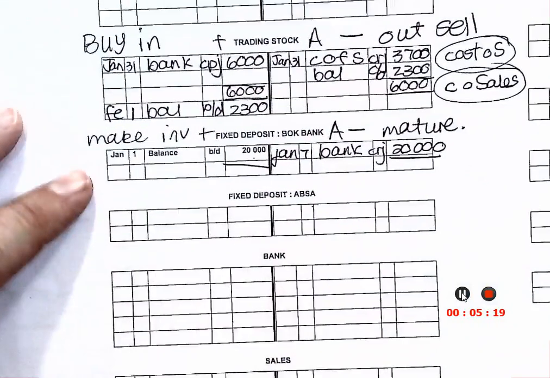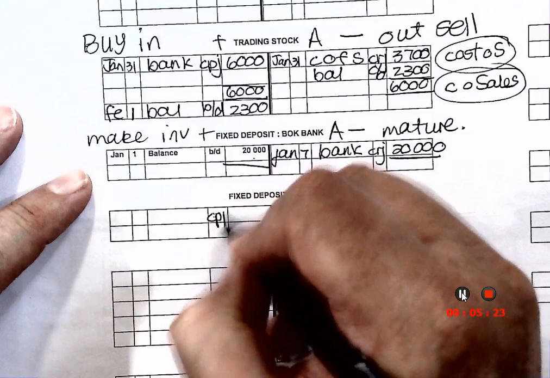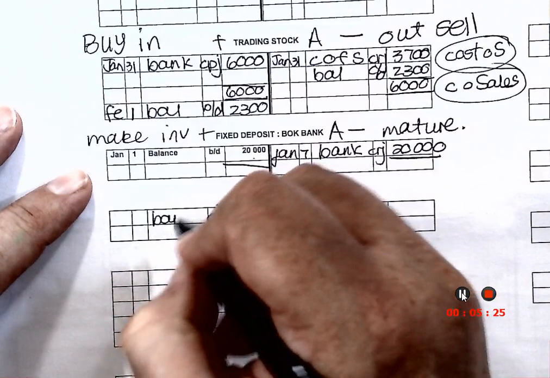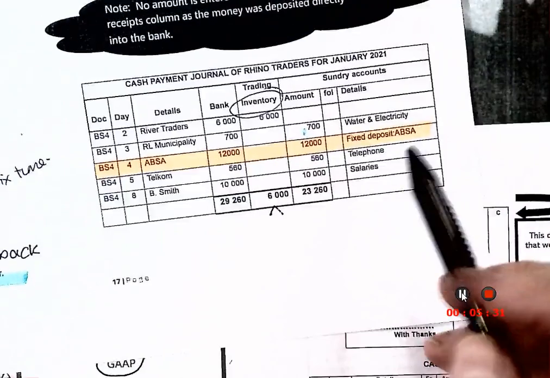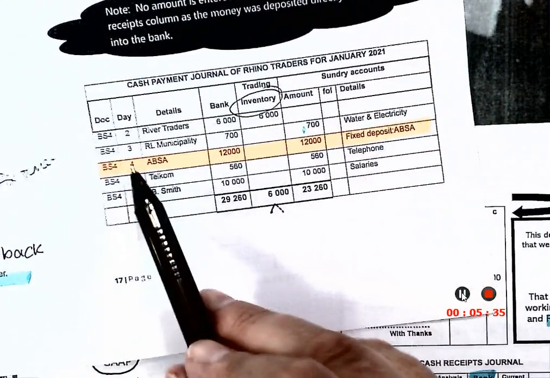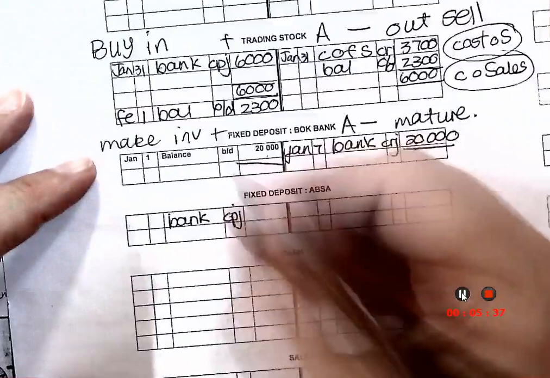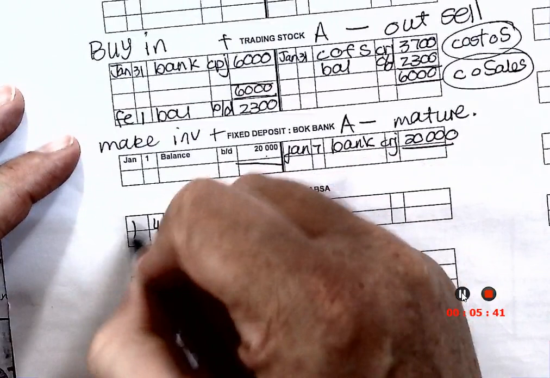The fixed deposit for ABSA, however, I made now, so it's a CPJ, because I take the money out of my check account and put it into the fixed deposit account. And that amount is 12,000. I see it's also a sundry, so I use the 4th. 12,000 on the 4th of Jan.